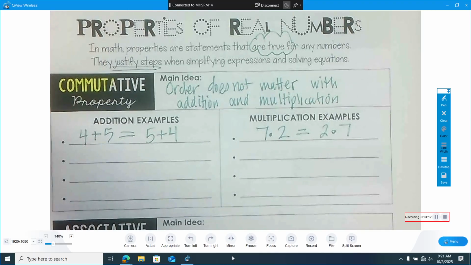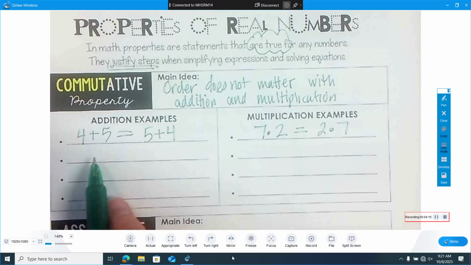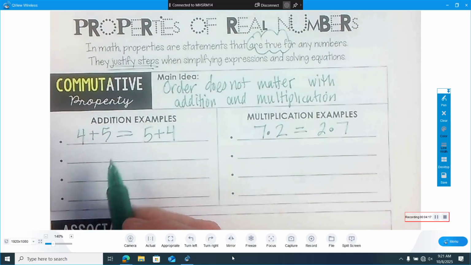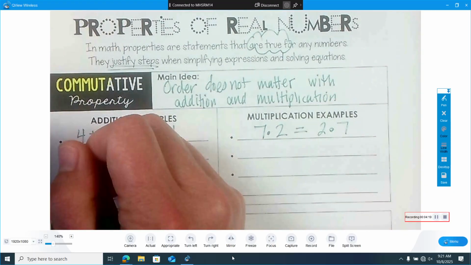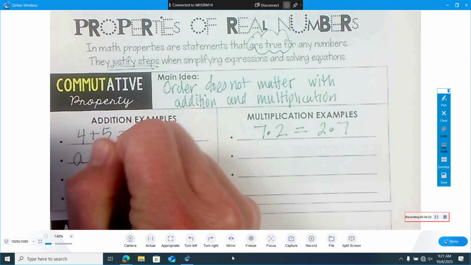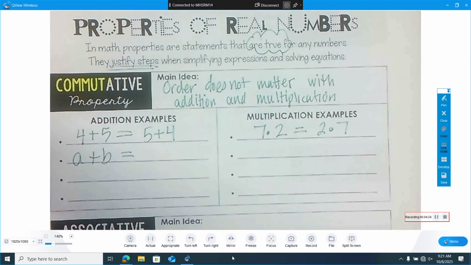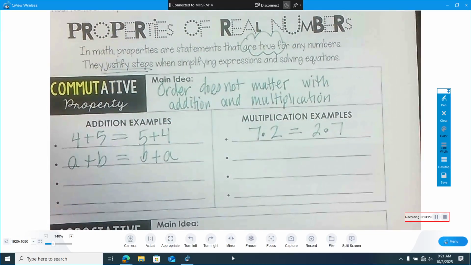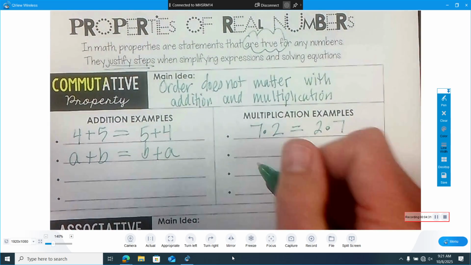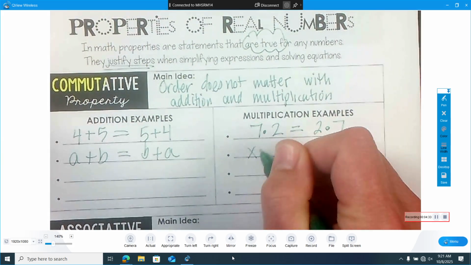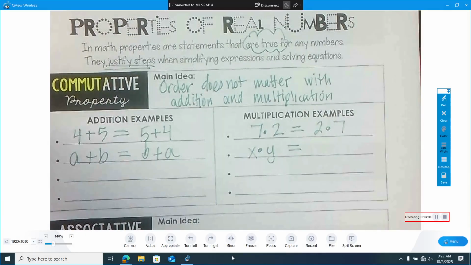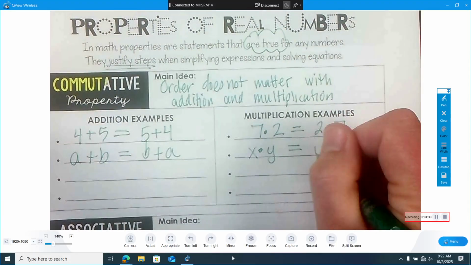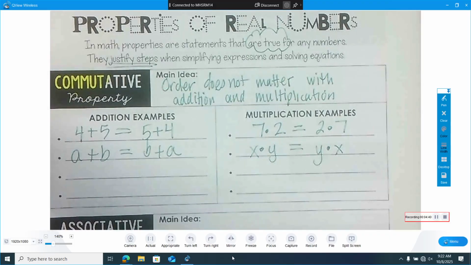Okay, so now we could use regular old numbers, or I can say I'm going to use letters instead to represent my numbers. So maybe I might say A plus B is the same as B plus A. Similarly, we can multiply. Maybe I'm going to say instead of using numbers, I'm going to use X times Y is the same as Y times X. All right? So the order of those variables doesn't matter. That is the commutative property.